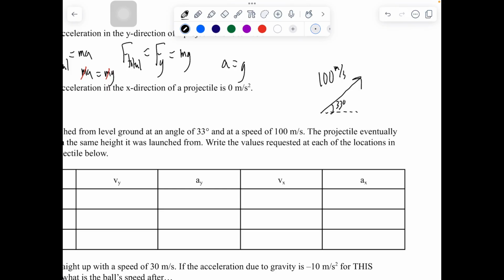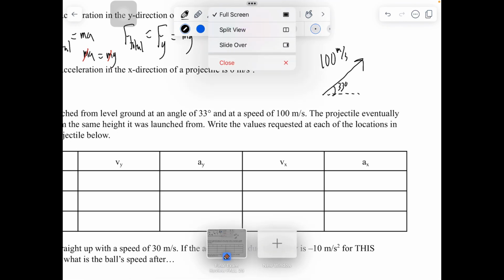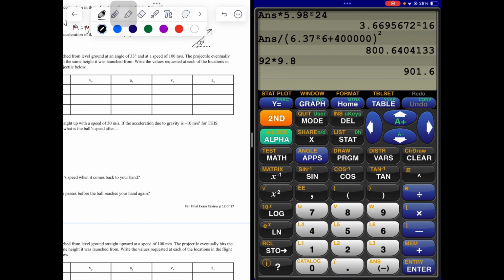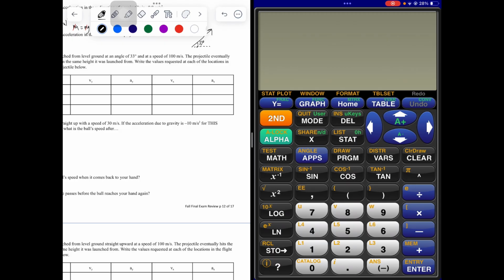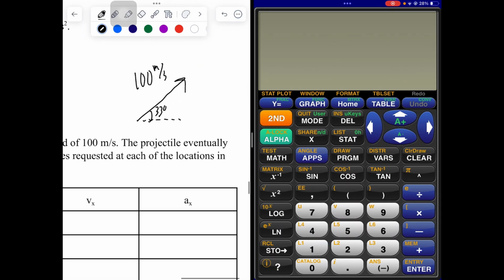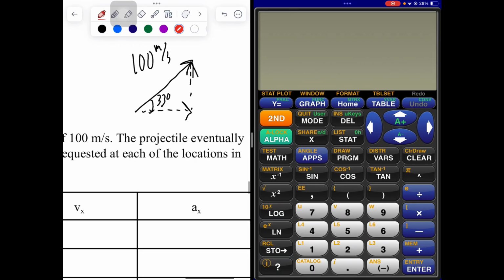If we bust out our calculator, make sure you are in degree mode. Once you've made sure, we know we have different components right here. Our component in the x direction is just going to be that velocity times the cosine of our angle theta.